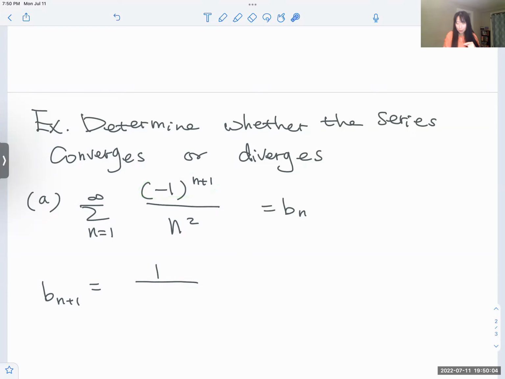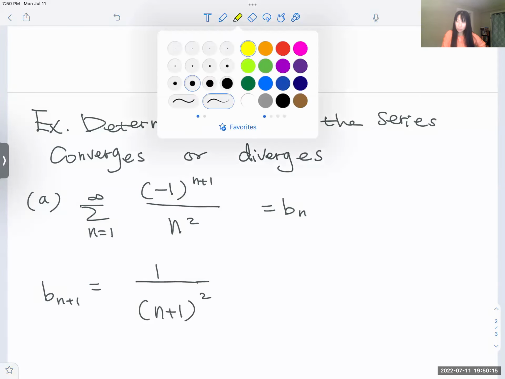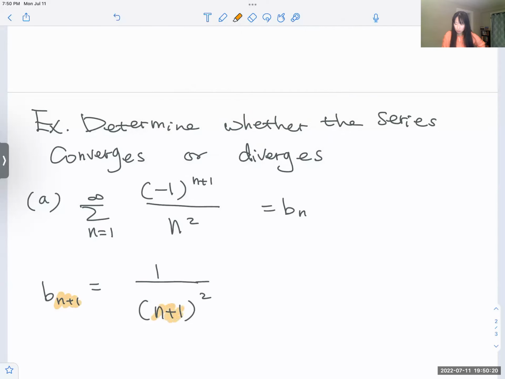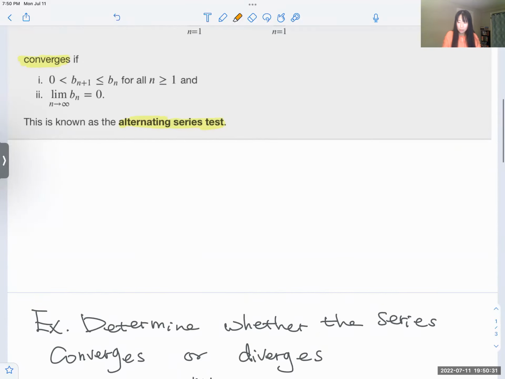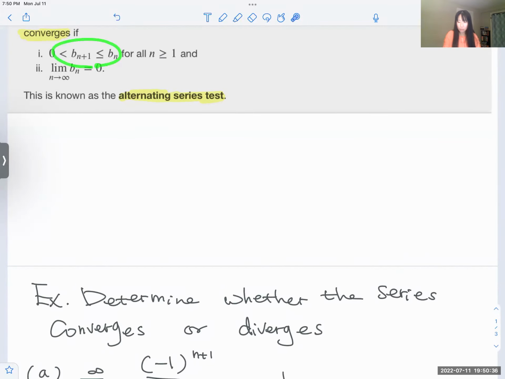So we input n plus 1 into the n, and we will have 1 over n plus 1 to the second power, okay? Plug n plus 1 into the n, that's how we do it. Now we're going to check that, so we just say this one, and then we're going to show this.